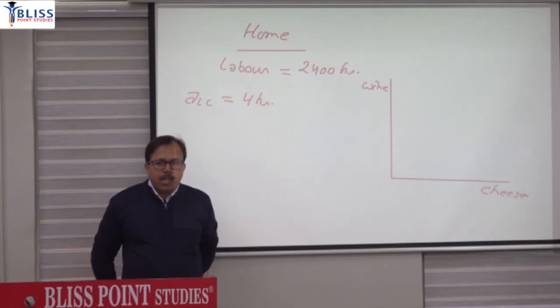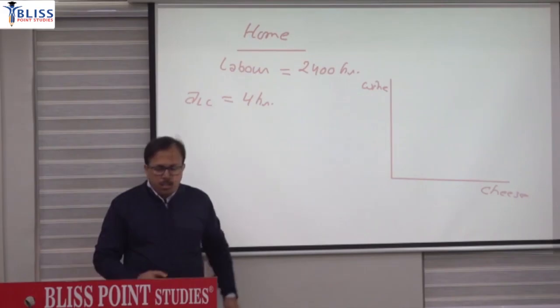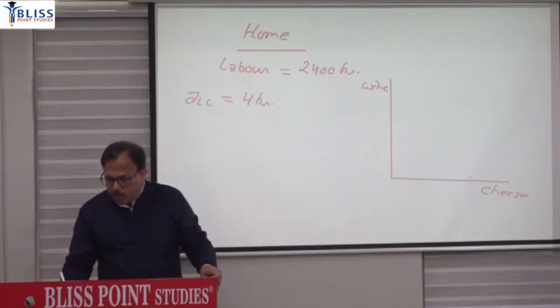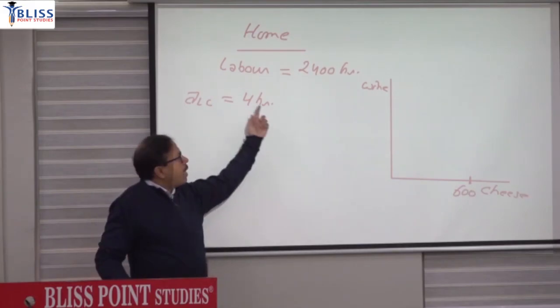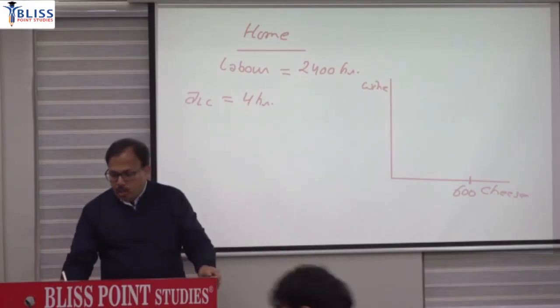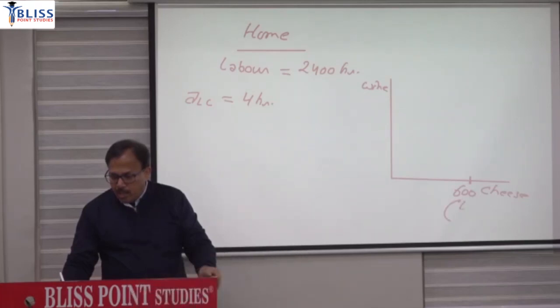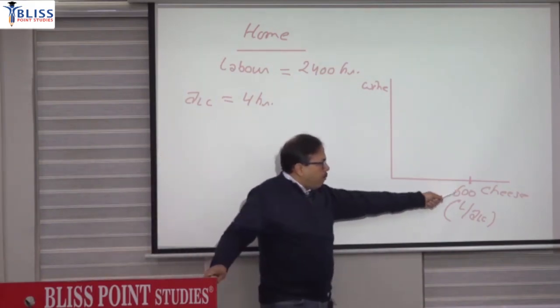It means it will take 4 hours to produce 1 unit of cheese in the home country. So with 2400 hours you can produce 600 units of cheese. So here the corner point on the x-axis will be 600. Clear? How do you get that 600? By dividing L by ALC. What will you write at this corner point? It is L upon ALC. Clear? This corner intercept will be L upon ALC.